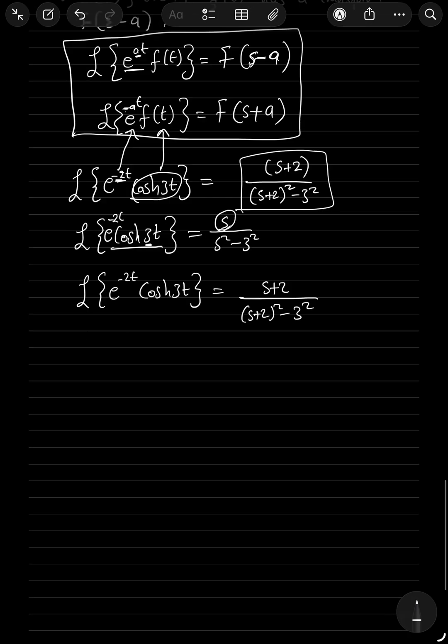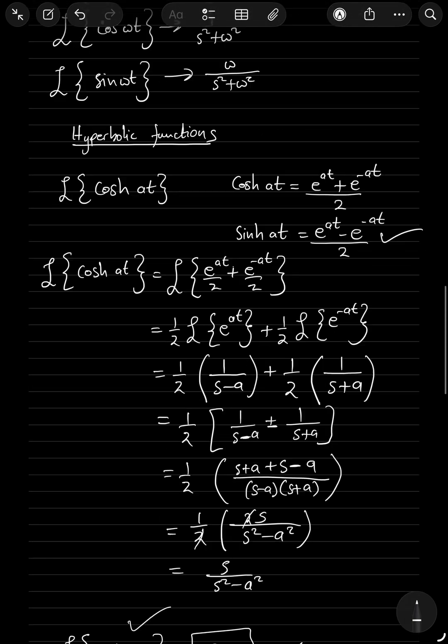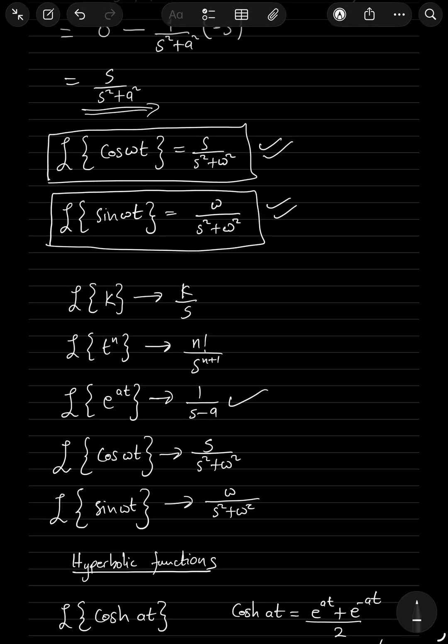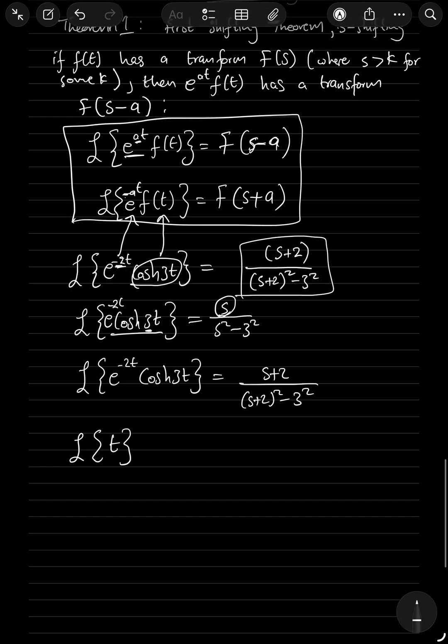So again, let me look at another one. Let's say probably you want to find the Laplace of t. We know what the Laplace of t is based on our derivations, from the first video.